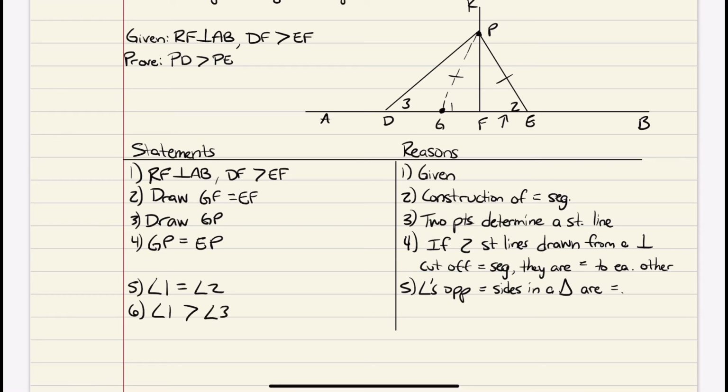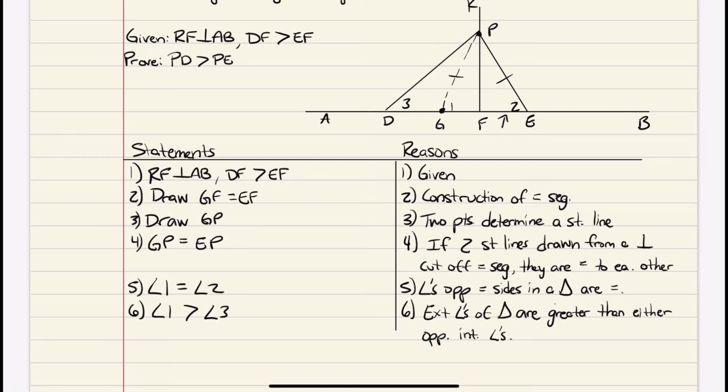Again, many of us would understand the reason behind that, because if we were now to look at this triangle right here, angle 1 is now considered an exterior angle of this smaller triangle. And we've learned theorems and corollaries about exterior angles of a triangle, and we've learned that exterior angles of a triangle are greater than either opposite interior angle.